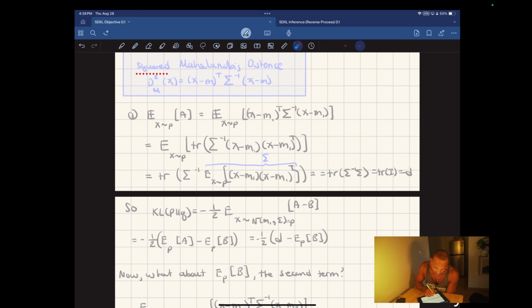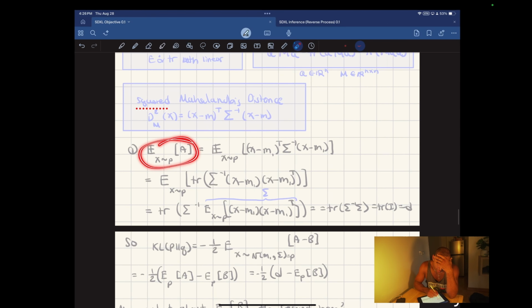So then we have the trace of sigma inverse times sigma, which is the identity. The trace of the identity, if it's in R^d, is d by d, which is summing up along the diagonal, and then we get d.